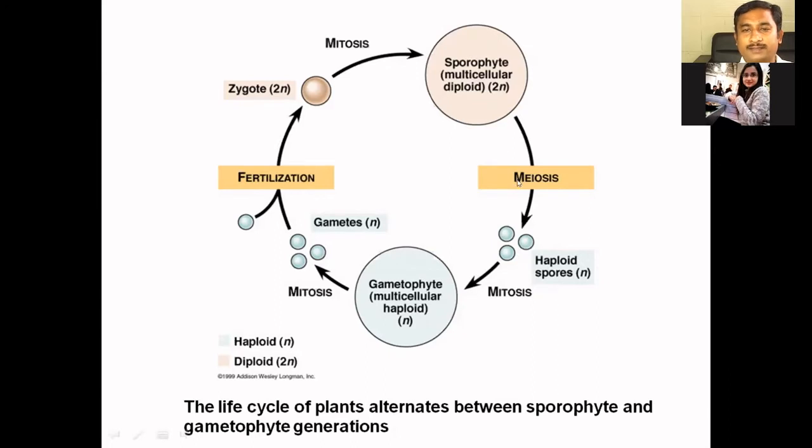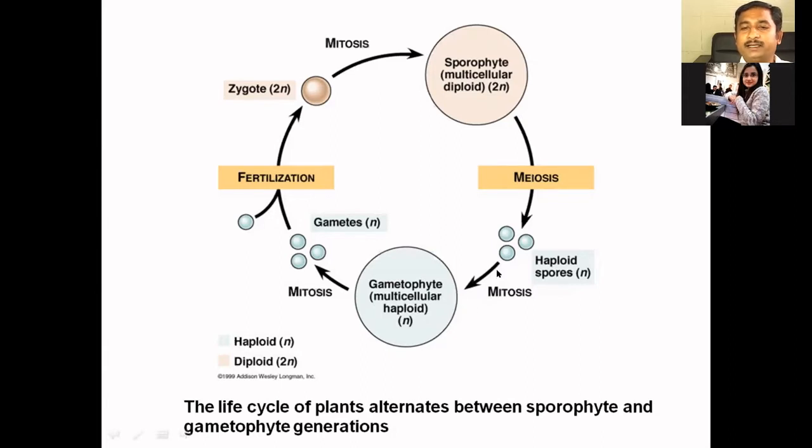When meiosis occurs, meiosis is a reduction division, as you have already read in school and college, where 2n becomes n. That produces the haploid spores. These haploid spores are multiplied by the process of mitosis to n numbers.